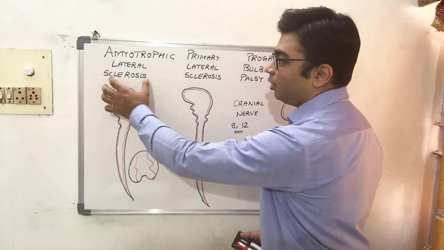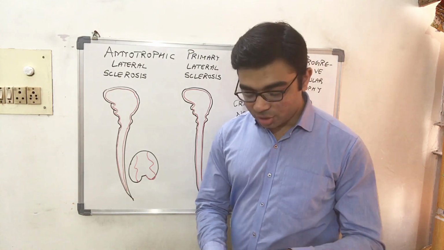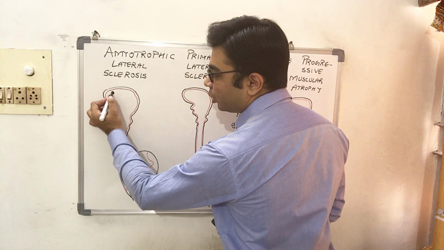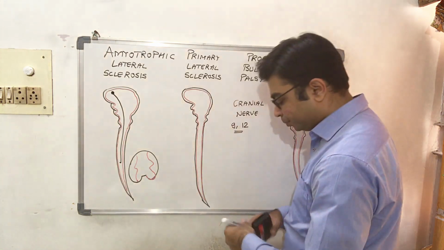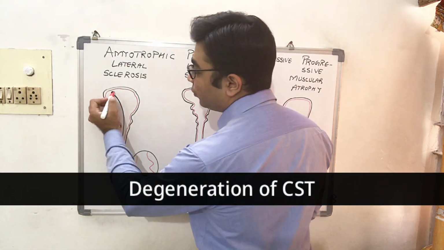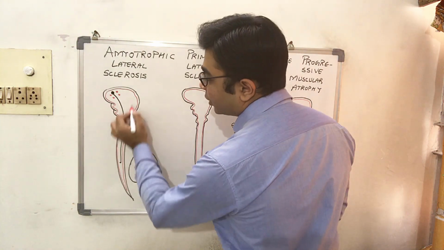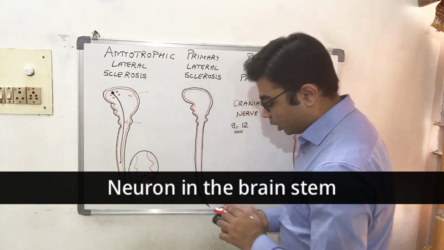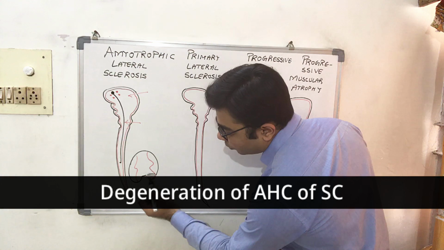First of all, you can see amyotrophic lateral sclerosis, in which there is degeneration of the corticospinal tract. The corticospinal tract starts from the motor cortex and ends in the spinal cord. There is degeneration of this tract, degeneration of neurons of the motor cortex, degeneration of the neurons present in the brainstem, and degeneration is also seen in the anterior horn cells of the spinal cord.